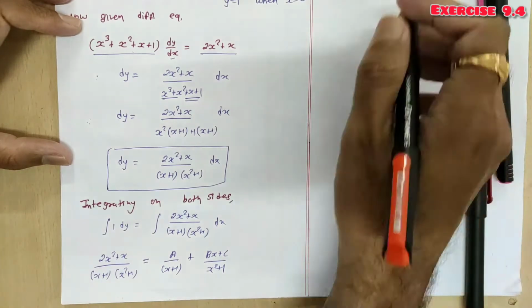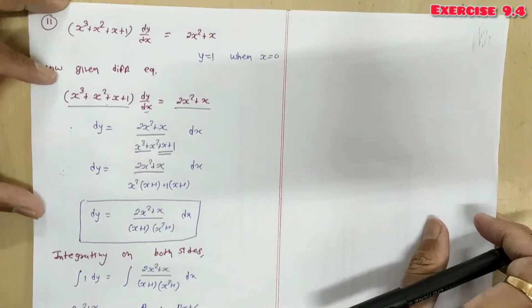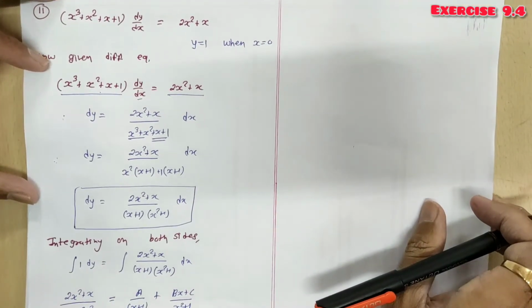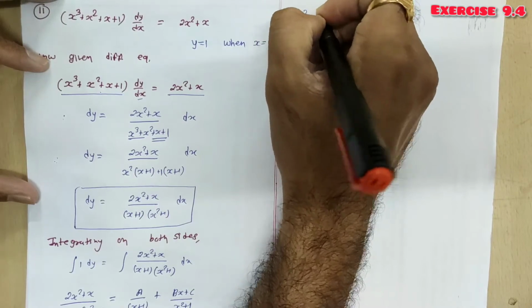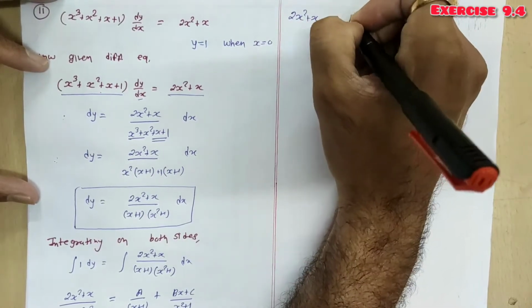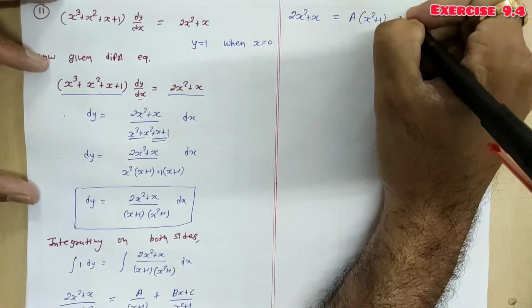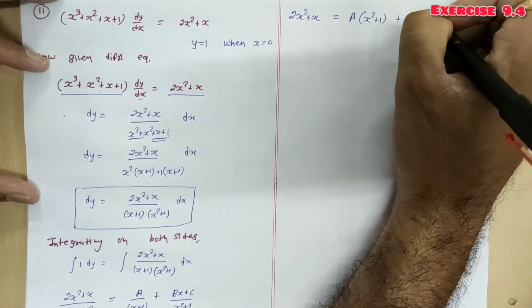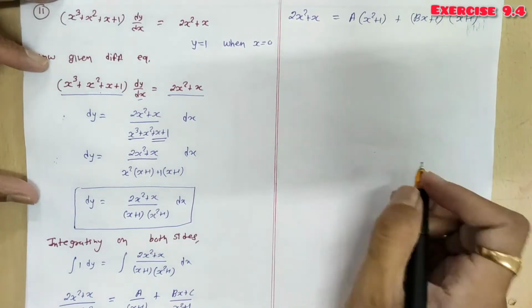So we have 2x square plus x equal to a into (x square plus 1) plus (bx plus c) into (x plus 1).